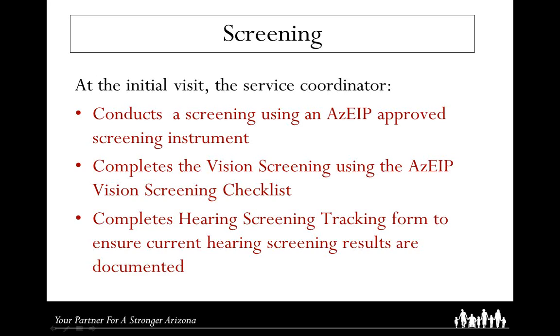The service coordinator is required to use the AZEIP data form on the initial visit to document demographic information and ethnicity. The AZEIP data form is used to continue documenting decisions related to eligibility and IFSP development. The service coordinator is not required to use the initial planning tool.